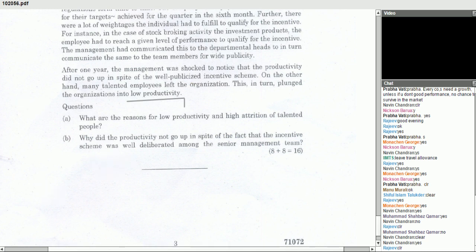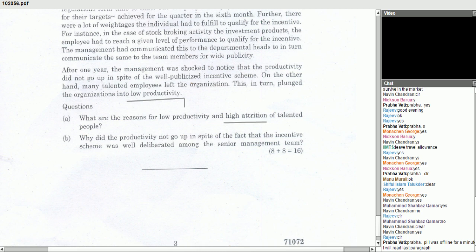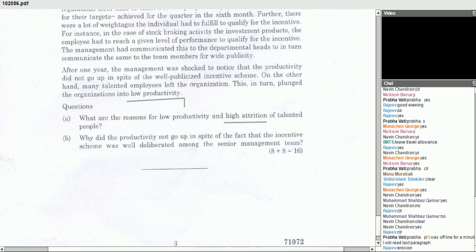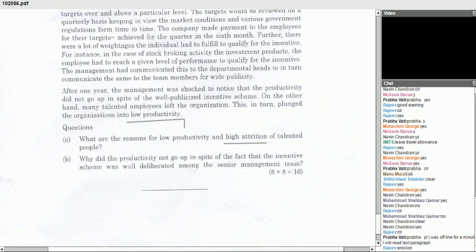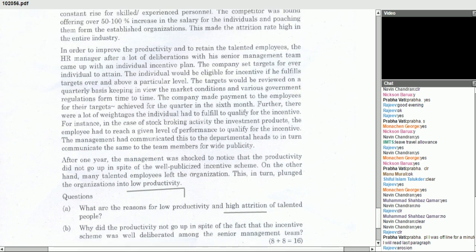High attrition means many employees changed their jobs, they left the organization. Okay, Prabha, you can read this paragraph. You want to read from here in order to improve the productivity, Prabha?